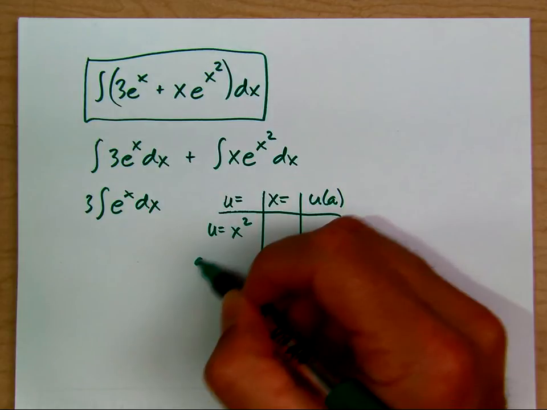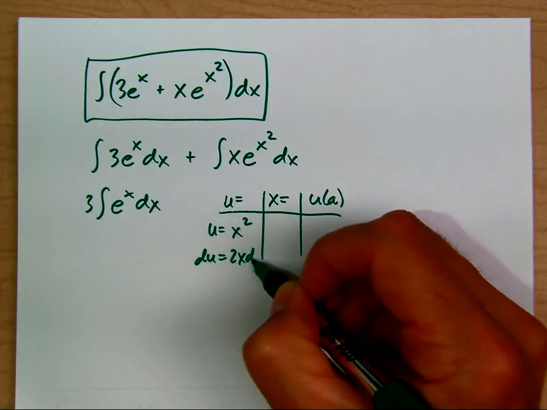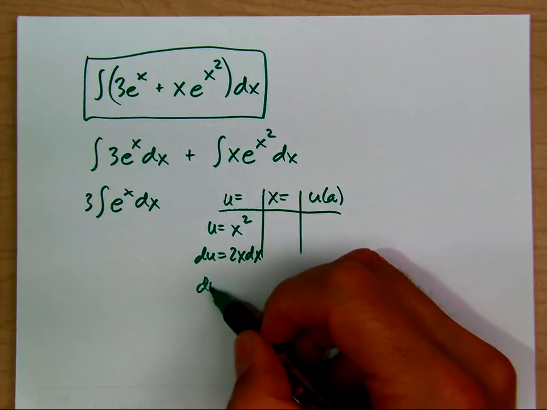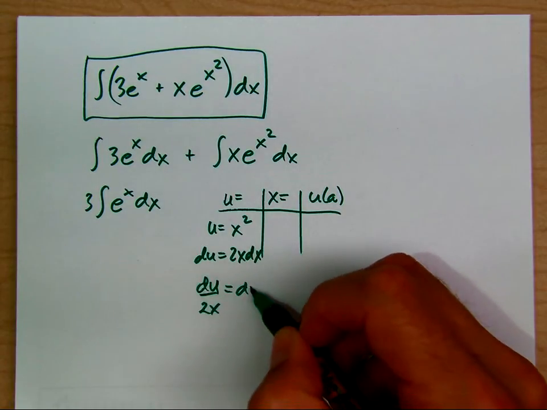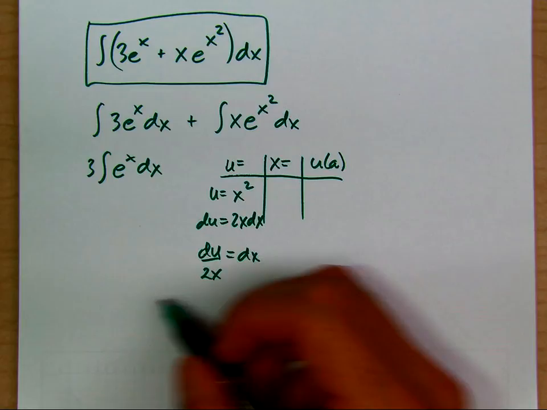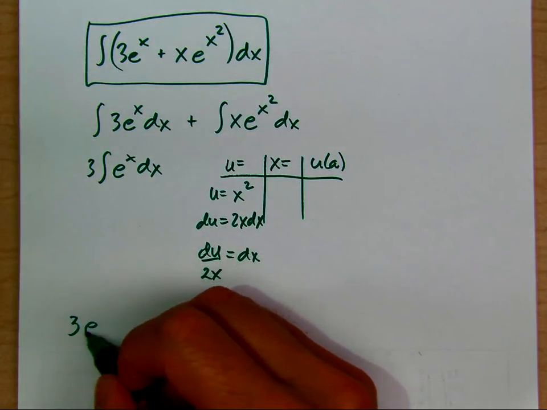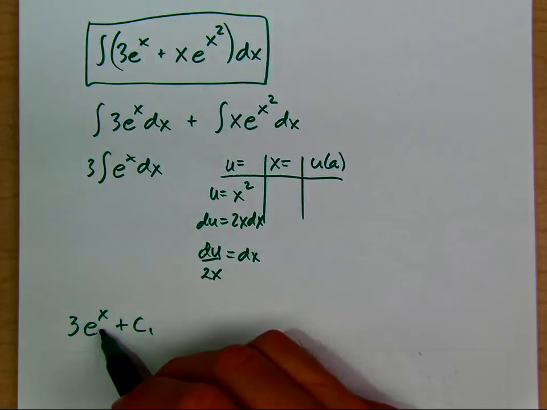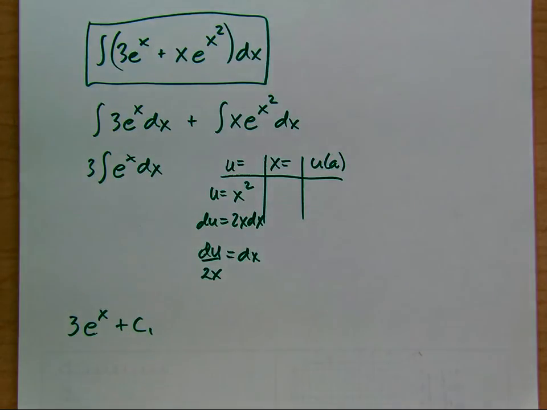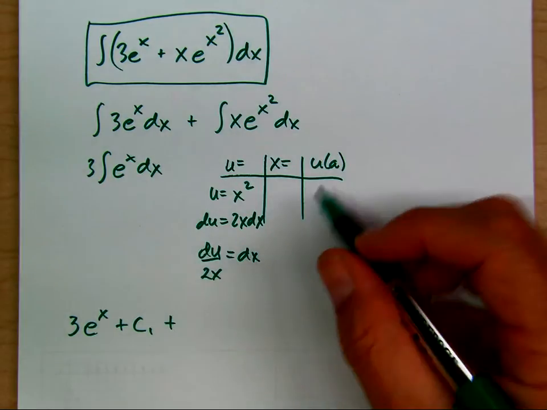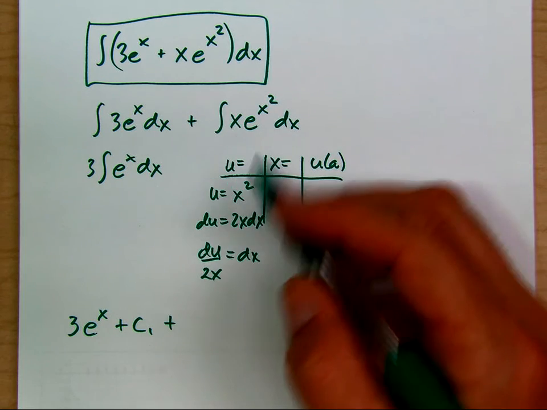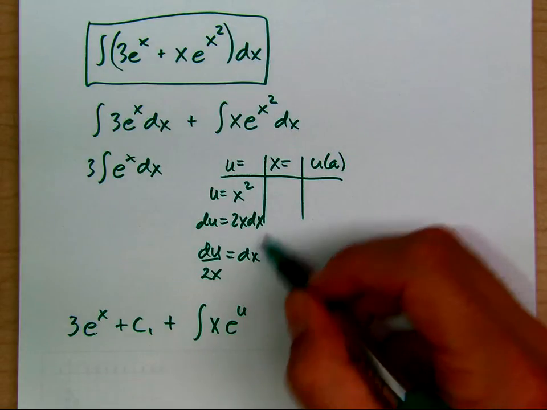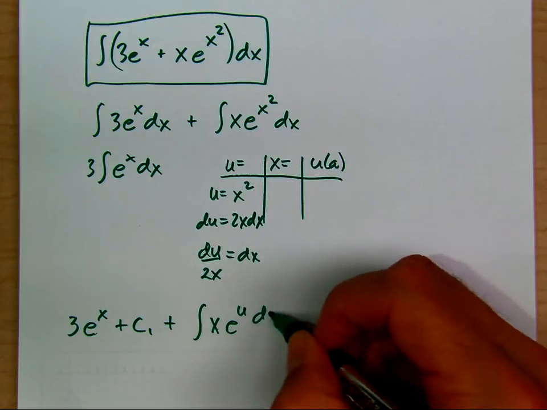u is x squared, du is 2x dx. Du over 2x equals dx. So if I do this antiderivative, we get e to the x plus c1. For this integral, we'll have x e to the u, and dx is du over 2x.